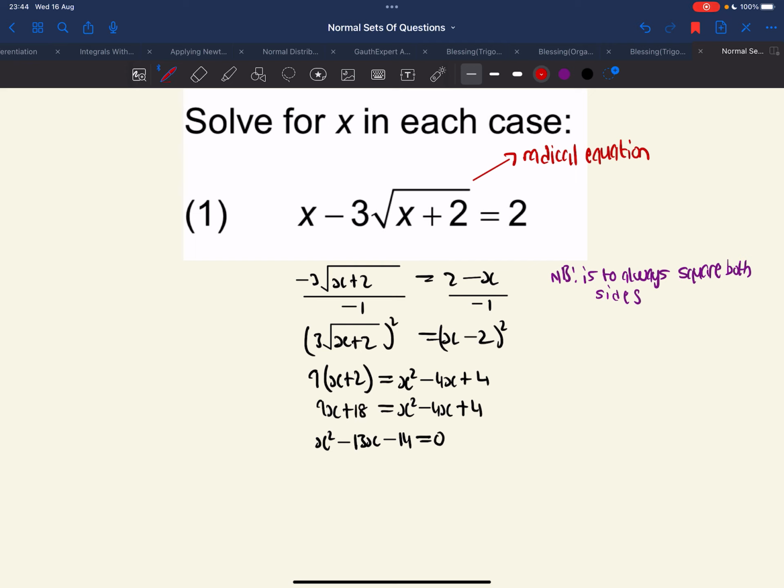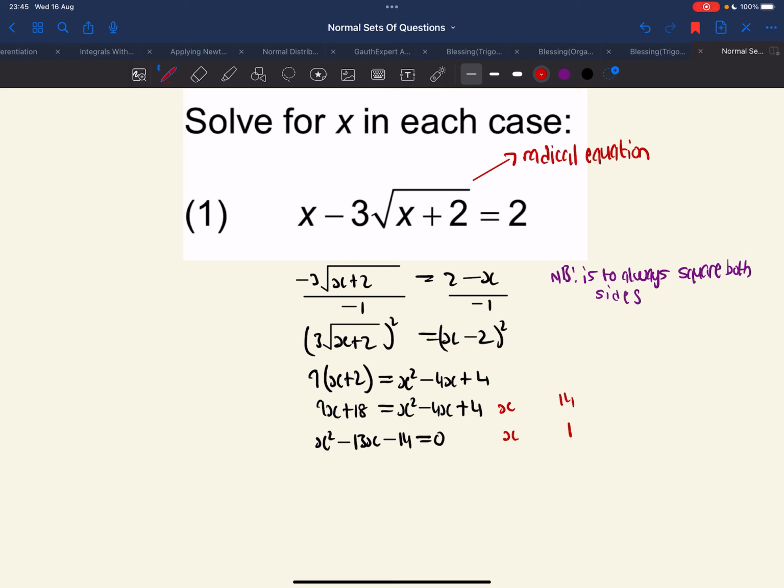Then let's see the factors of 14 that can give us 13, or somewhere close. It can be 1 and 14 itself. So we can say x, and put 14 there and put 1 there.